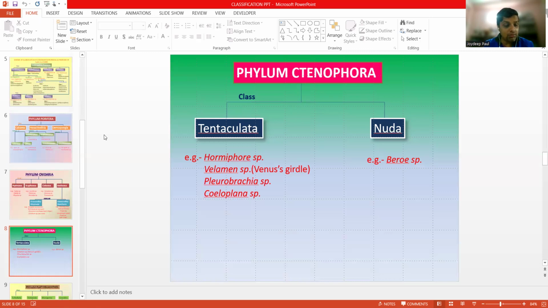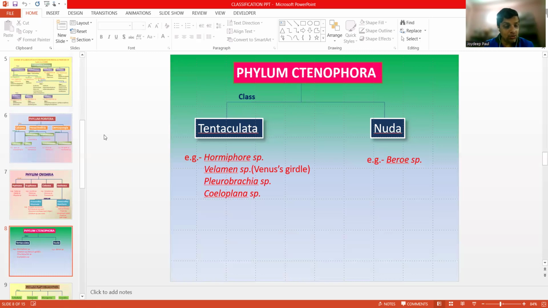Complexity of organization: the body organization is cell-tissue grade. Germ layers: diploblastic, with the outer epidermis, inner gastrodermis, and in the middle, a jelly-like mesoglea with scattered cells. Digestive system: contains the mouth, stomodaeum, complex gastrovascular canals, and two aboral anal pores.